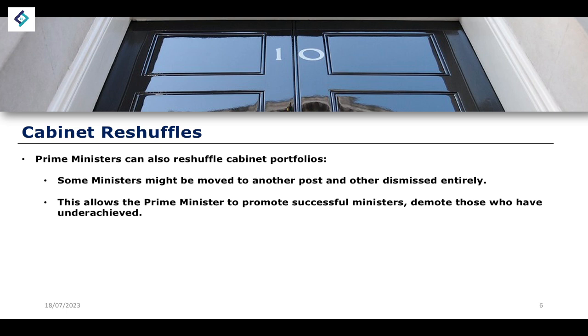So even though in the cabinet there are different roles for each individual, so there are different departments that deal with different areas of policy, it is actually seen to be the case that there are some areas that are seen to be more prestigious than others.